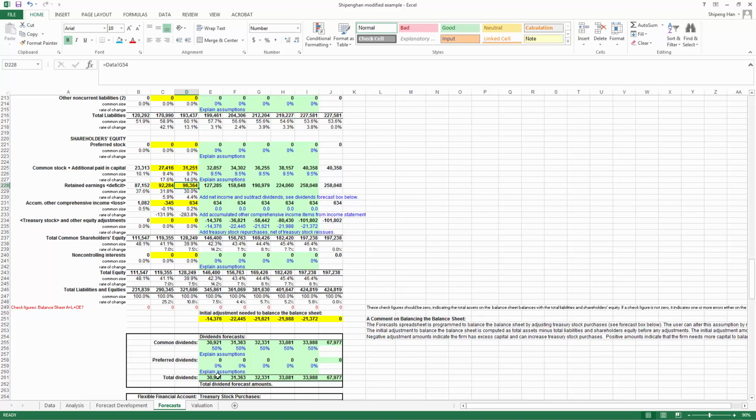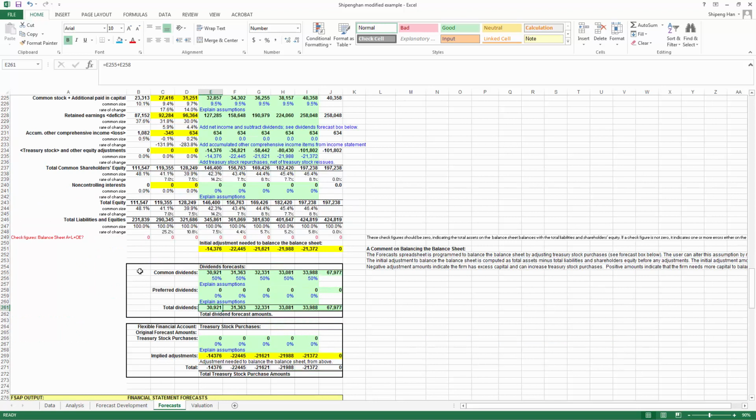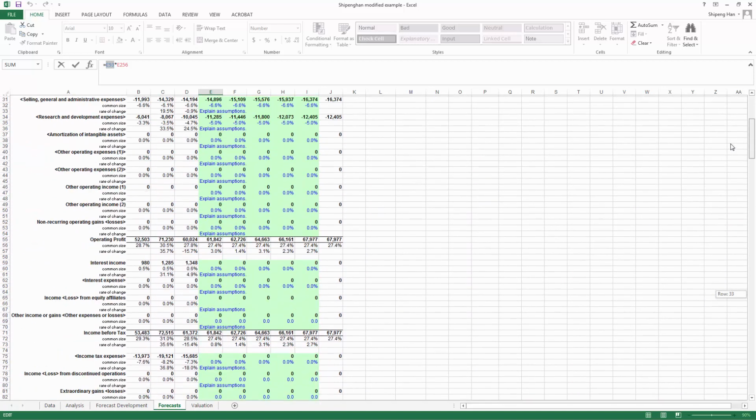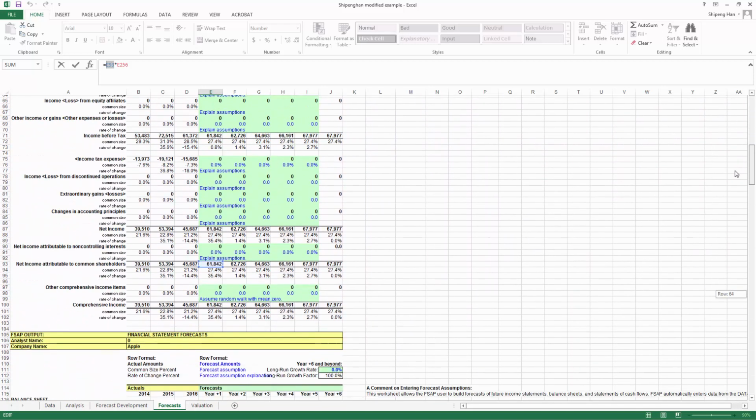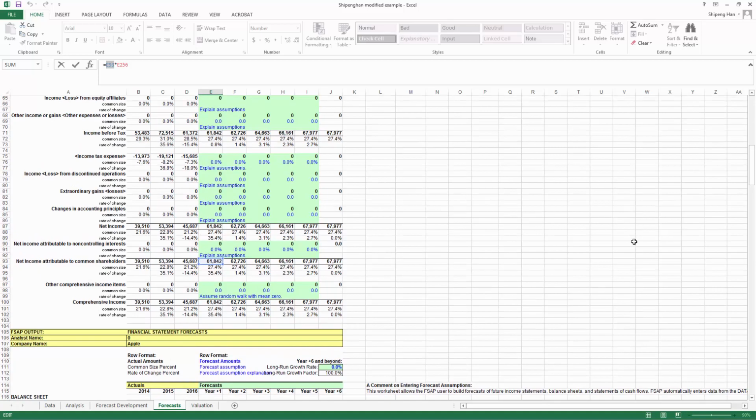We need to forecast the dividend, so we can forecast dividend in this box. And for the common dividend, if you click this cell, the formula is E93 multiplied by E259 of 256. 256 is a percentage, actually a dividend payout percentage, and E93 is the income attributable to common shareholders.